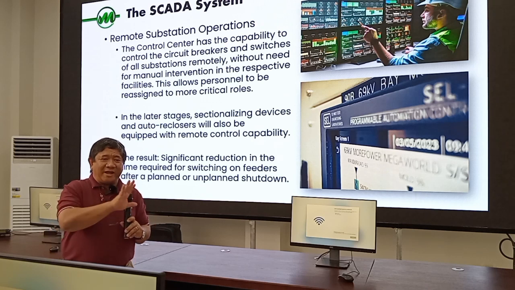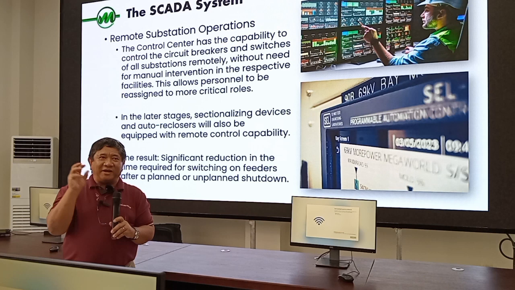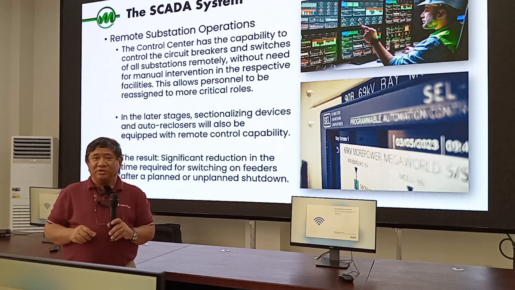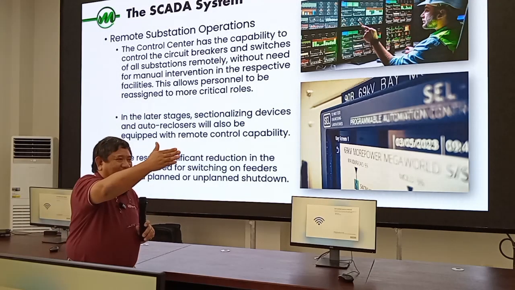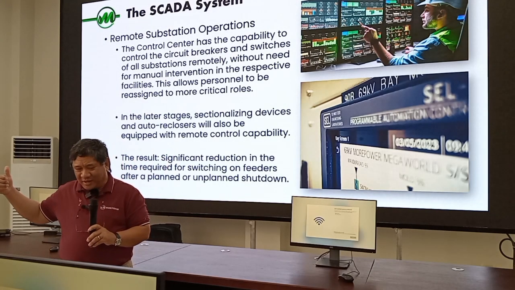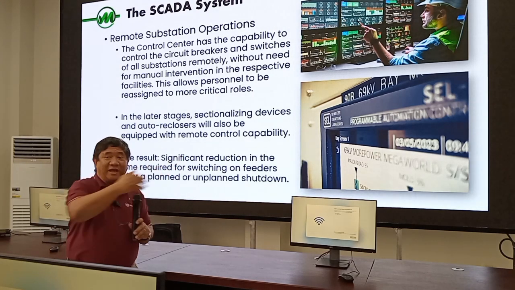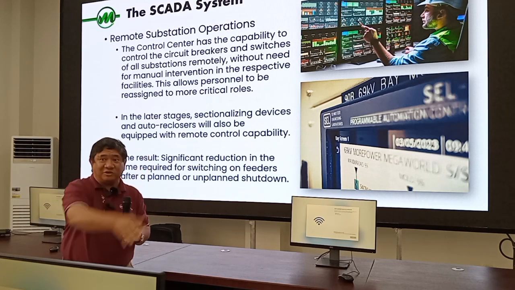So kung after few minutes, ang dami nang nagre-report pero wala pang nagre-report kung saan may pumutok, lumalabas yung RT natin, they will survey the whole length of feeder, and find for the possible fault.